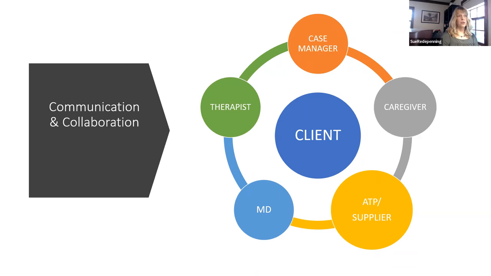But client, patient, whatever word we use for the person we're helping, that person is integral and central. And then we listen to the caregivers too, but always come back to that person. And then each of these people, the case manager, the therapist, the doctor, the AT supplier, the caregiver, becomes central to that person feeling, understanding, and knowing the process.